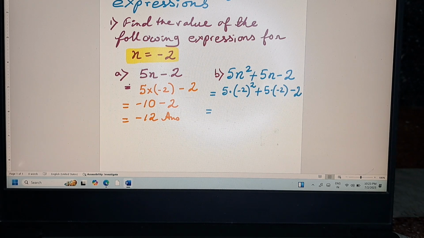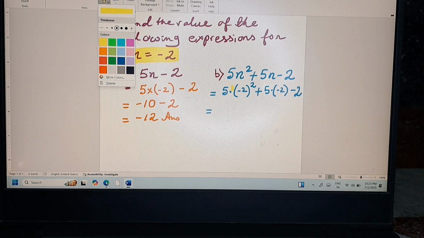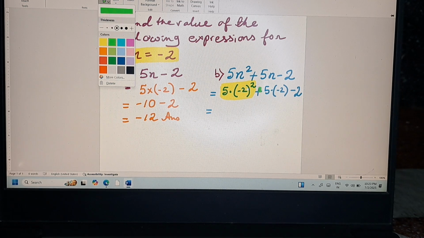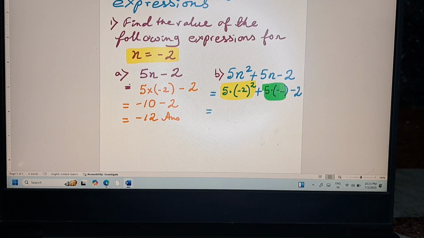Now first let us check this part of the expression, then we will check the second part which we need to solve. We write 5, dot representing the multiplication sign. Now minus 2 to the power 2, how will we do it?